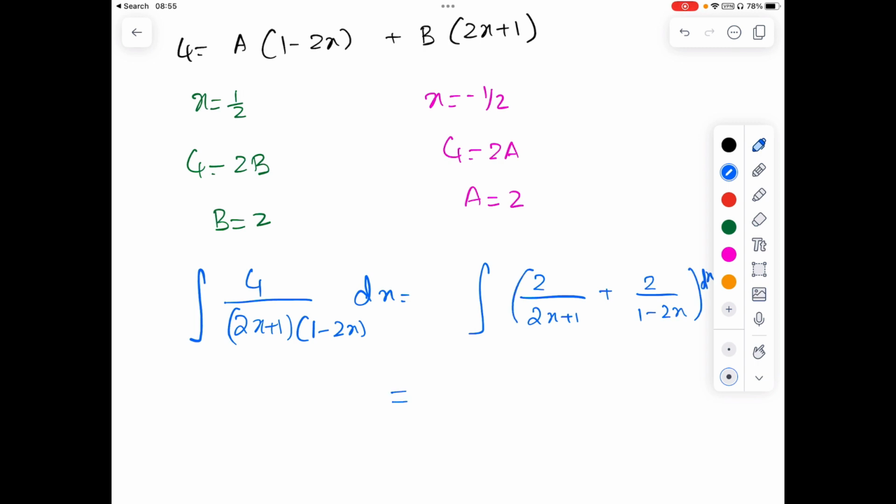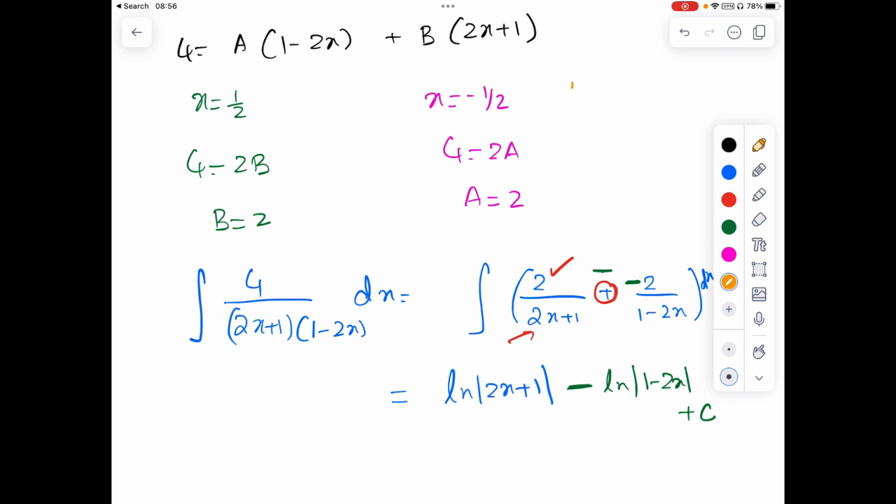That becomes ln|2x + 1|, because the derivative of the denominator is present in the numerator, 2. And over here the derivative of the denominator is -2, so the minus is missing, so this plus can be written as minus times minus. So now this becomes minus ln|1 - 2x| plus C. See that the derivative of the denominator is present in the numerator.